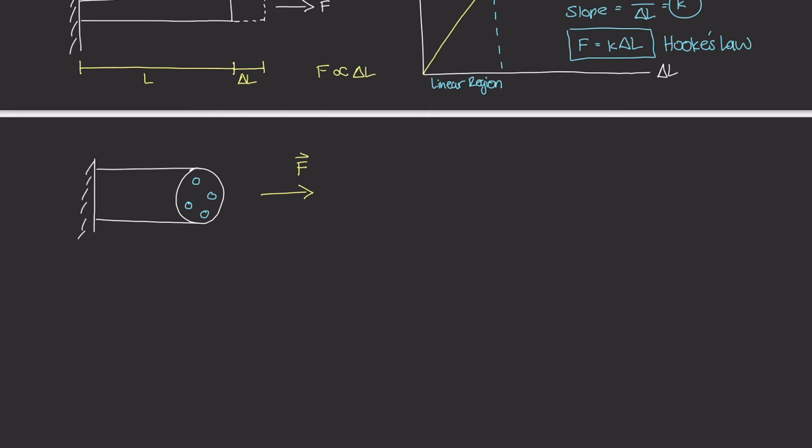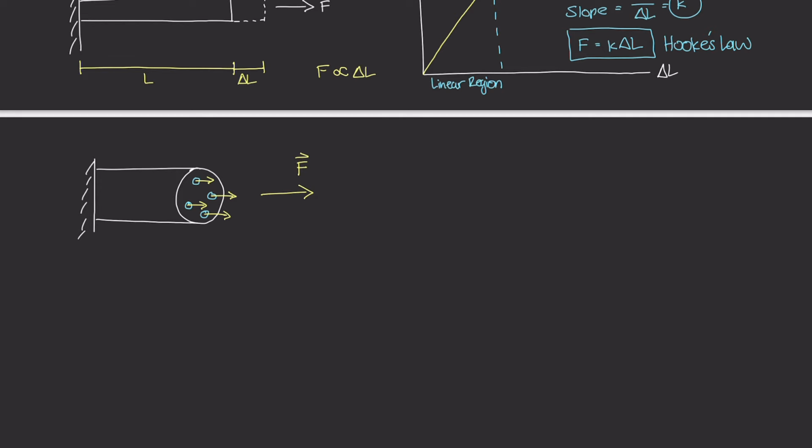And if we were to apply this force F to this cross-sectional area, then F really is distributed among the molecular spring bonds and is proportional to F over A. In other words, this force F is going to be distributed amongst that area, and so each molecule is going to take a portion of that force F. And since each molecule is taking a portion of that F, each molecular bond is going to take a portion of that force.